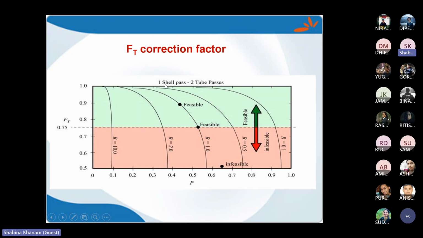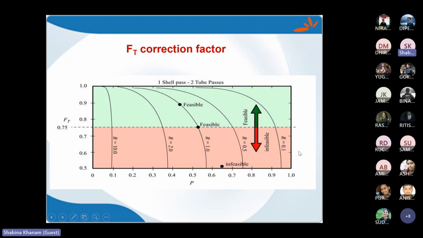If it is a 1-2 shell and tube heat exchanger, in that case you should consider a 2-4 shell and tube heat exchanger. So please keep in mind that the FT value should not be less than 0.75. It has to be brought to the above region, that is the feasible region, which is shown here. Not in the infeasible region.